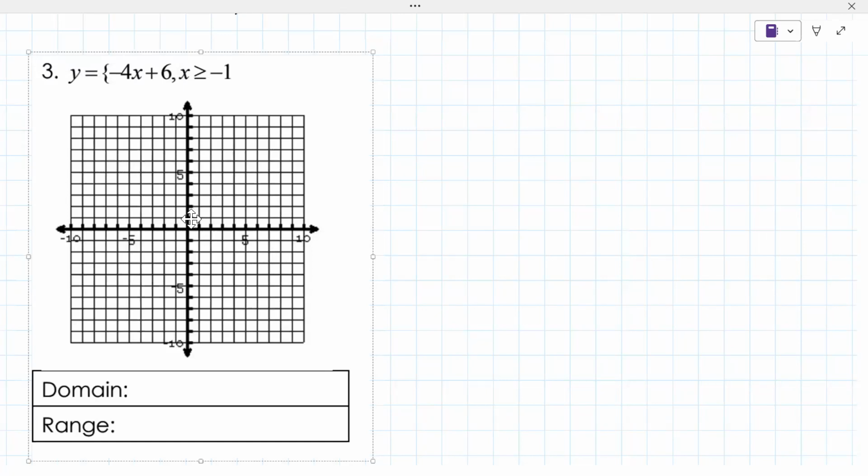You need me to graph this, Karthik, or are you working on it? Yeah, I'm graphing it right now. Okay.